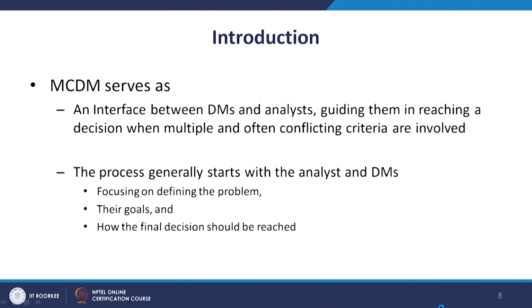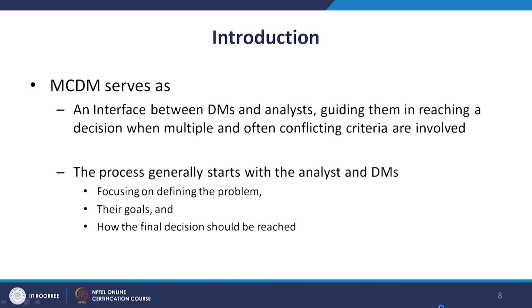Now let us have a look at the process of MCDM. The process generally starts with the analyst and DMs focusing on defining the problem, their goals and how the final decision should be reached. So the first step is defining the problem, because that will also include identification of criteria and alternatives, and understanding the context of the problem.